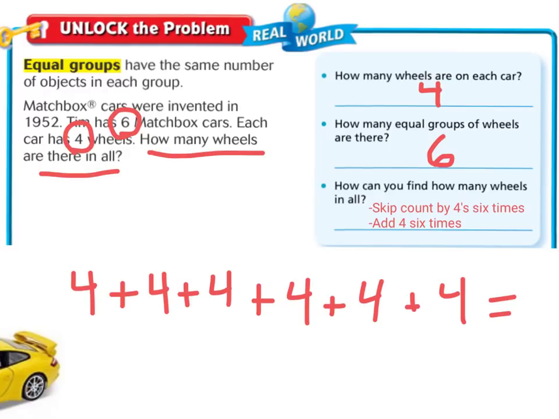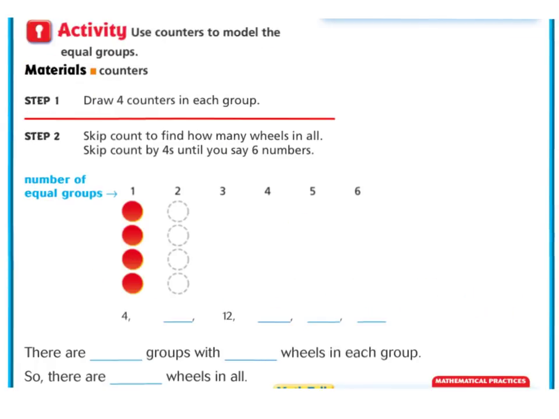But let's take a look at how we can use counters to help us model the equal groups. In step 1, we are told to draw 4 counters in each group. The counters represent the wheels on each car. Step 2 tells us to skip count to find how many wheels in all.